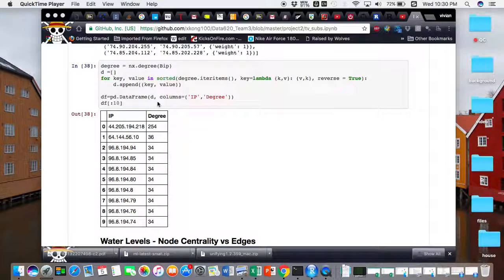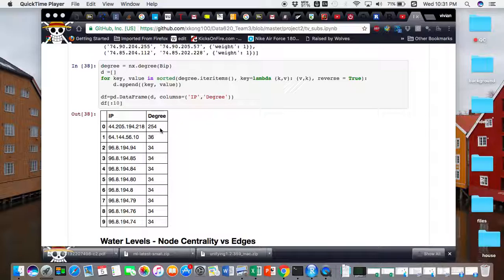We also did degree centrality. That's our first table. For degree centrality, the weird thing is we found the first IP address has 254 degrees, and all the others are only between 34 and 36. This is weird because an IP address with such a high degree calls for caution.